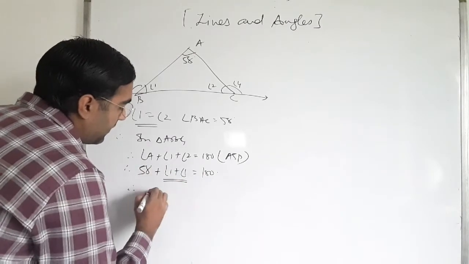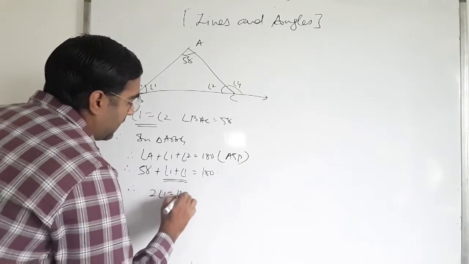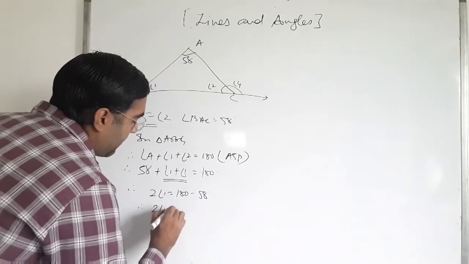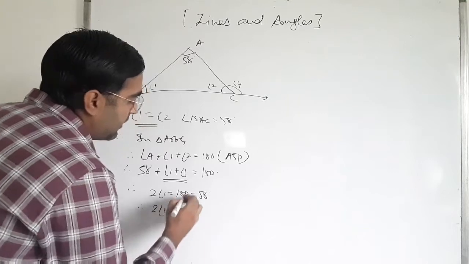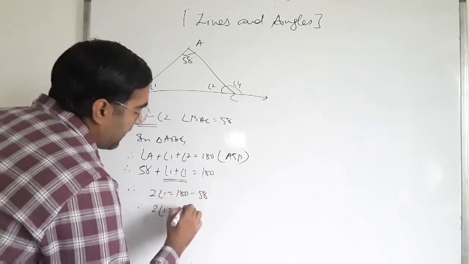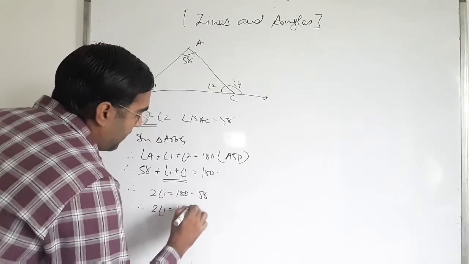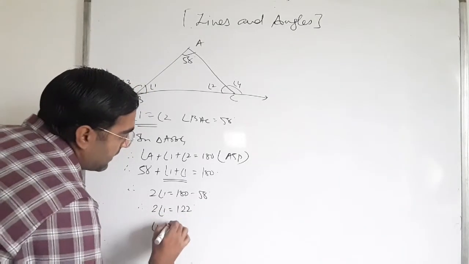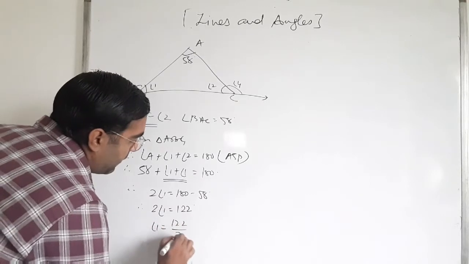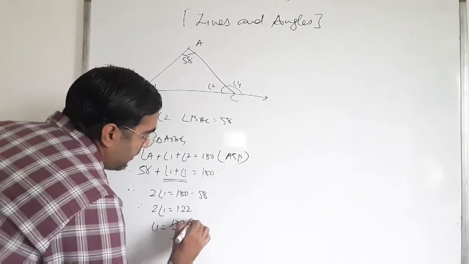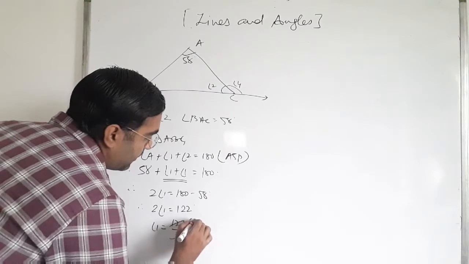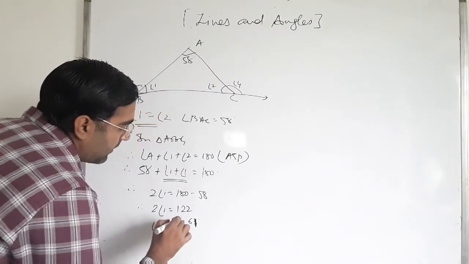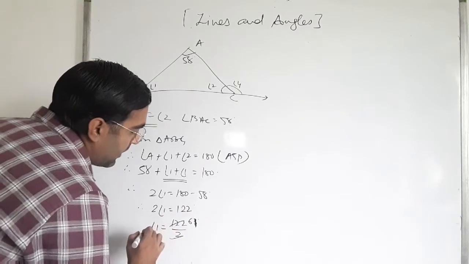Now angle 1 plus 1 is 2 times angle 1, that is 180 minus 58, that is 122 degrees. Now 2 is shifted to the second side, so 122 divided by 2 is 61.